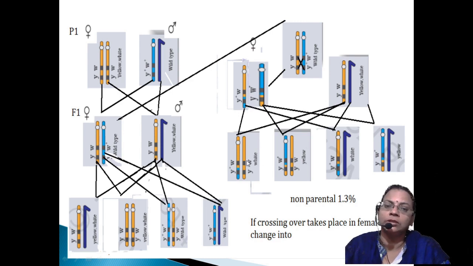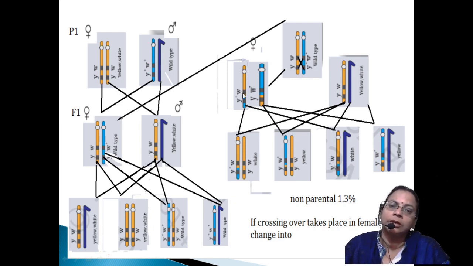No, white with brown body and yellow with red eye. White with brown body, it is not there. Yellow with red, that also is not there. So these combinations arising are called non-parental combinations.